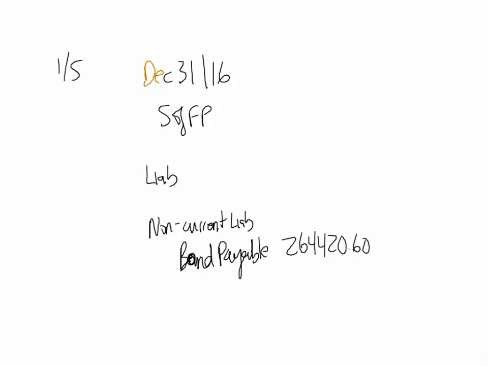what would we see? Well, under operating expenses, we would see interest expense. And our interest expense would not be the $10,000 we actually paid. How much would it be?